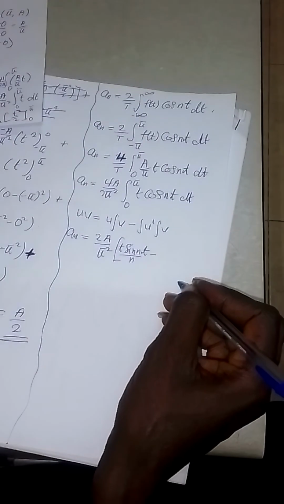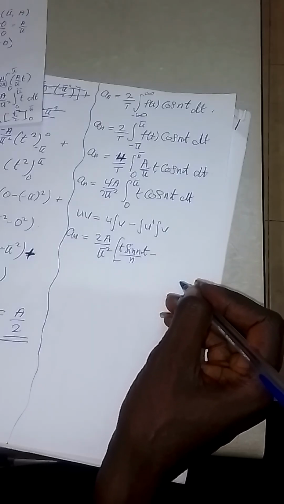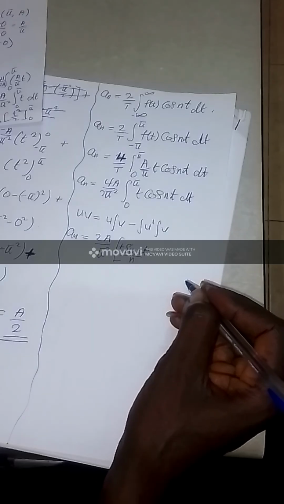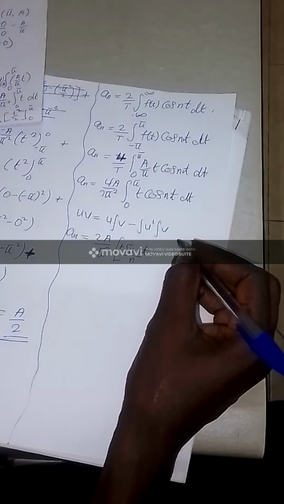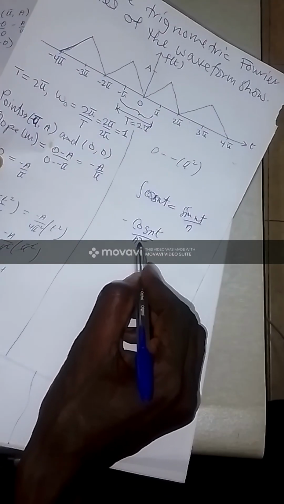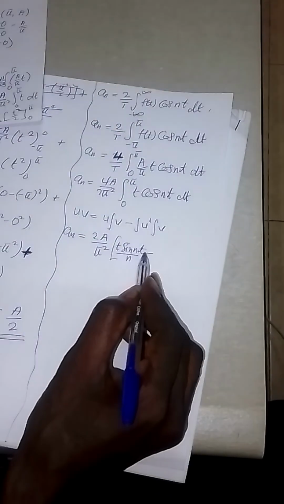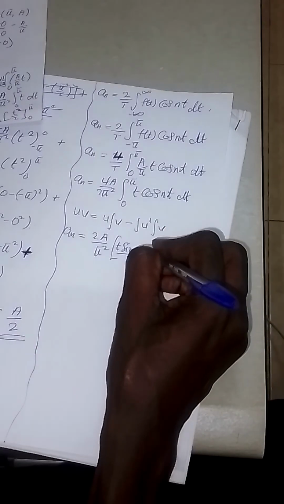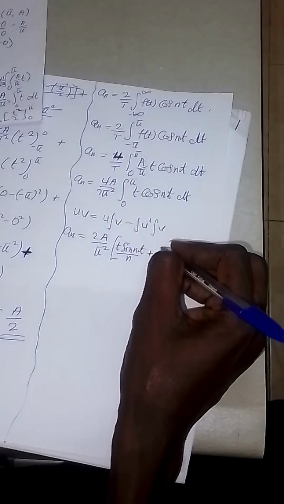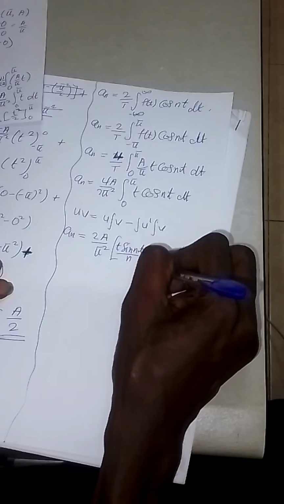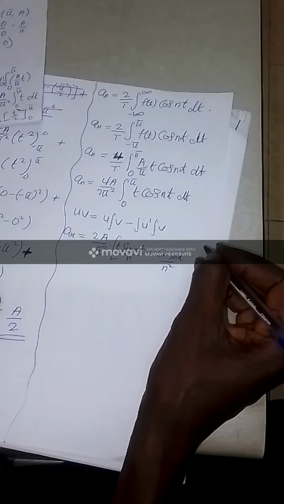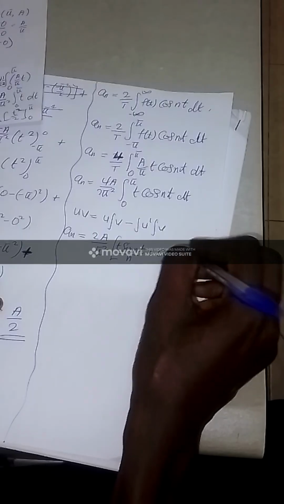So that is what we are going to have. We will get minus cos nt over n squared. This minus here, there's also another minus here, so it will become plus. So I'll have cos nt over n squared. Then I'll close it.